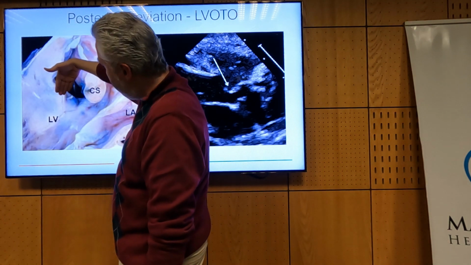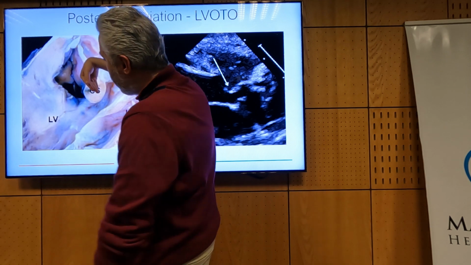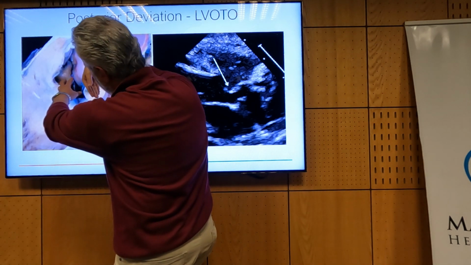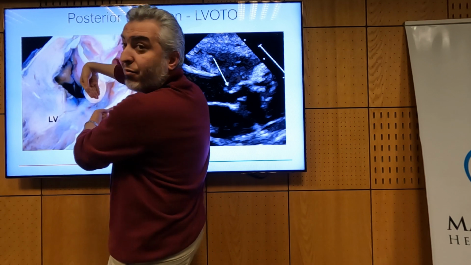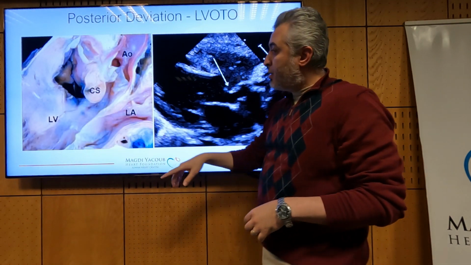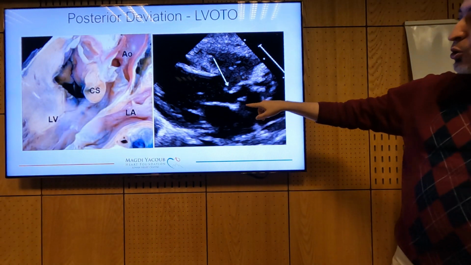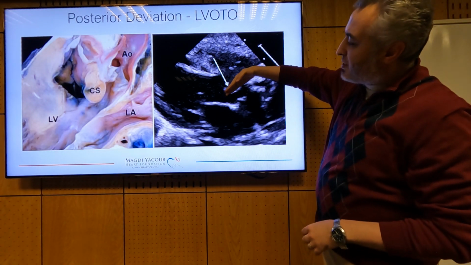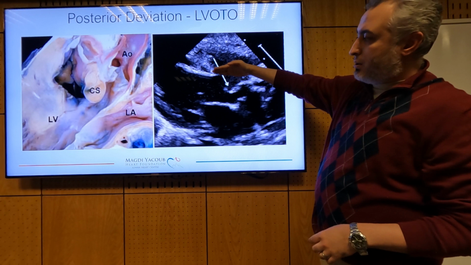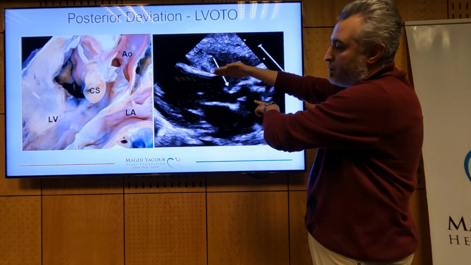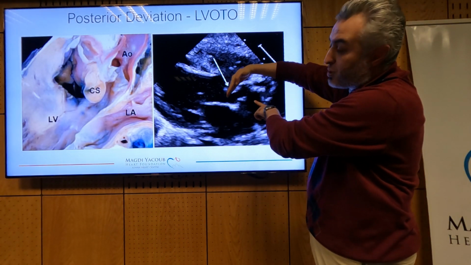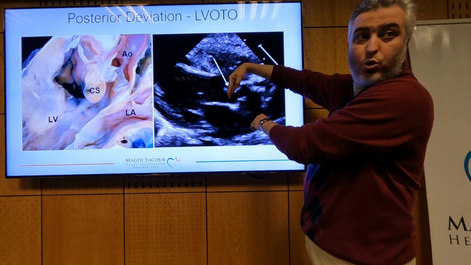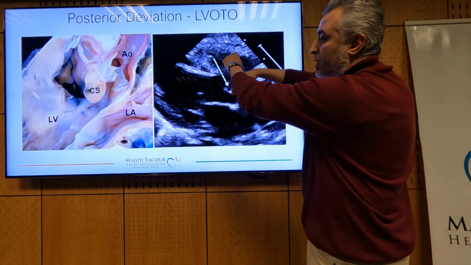And now this is deviated posteriorly, causing a VSD, but also narrowing of the LVOT. So this is LVOT obstruction caused by posterior deviation of the conal septum, which you can see here. So this is the conal septum, should have been there. This is the LVOT, and now this has deviated posteriorly towards the LV, causing LVOT obstruction and the VSD.